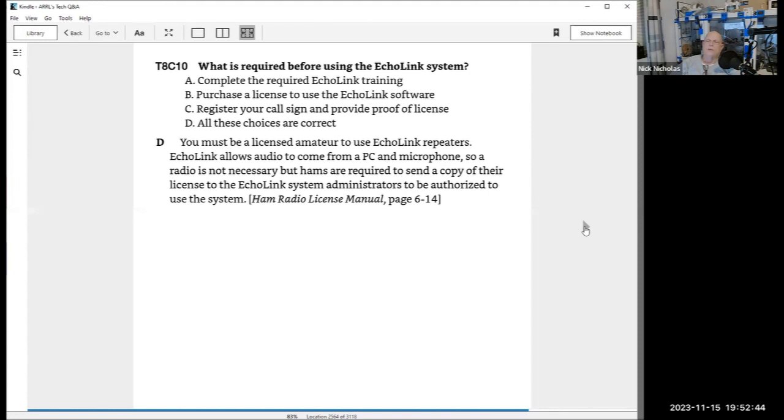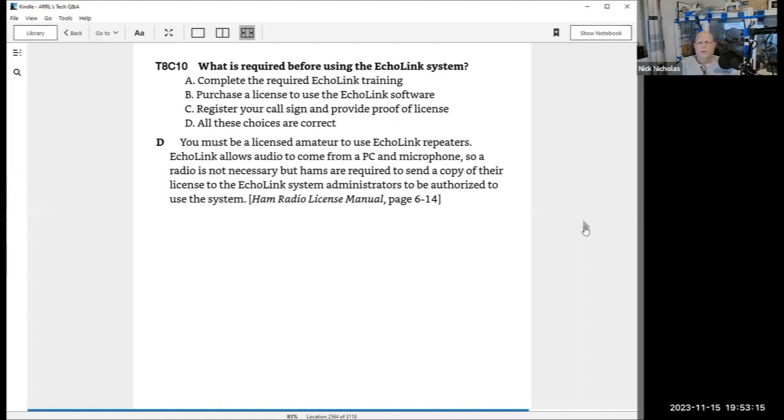Which is required before using the Echolink system? Well, you first got to get permission and get training from Echolink. You got to purchase a license to use the Echolink software, but it's minuscule. And you've got to register your call sign and provide proof of your license. You go on their website, they walk you through all that.